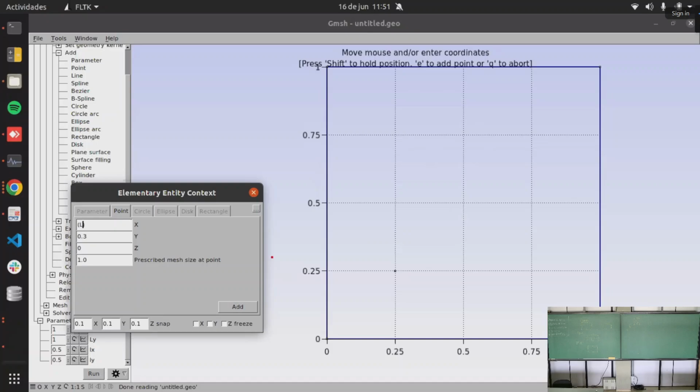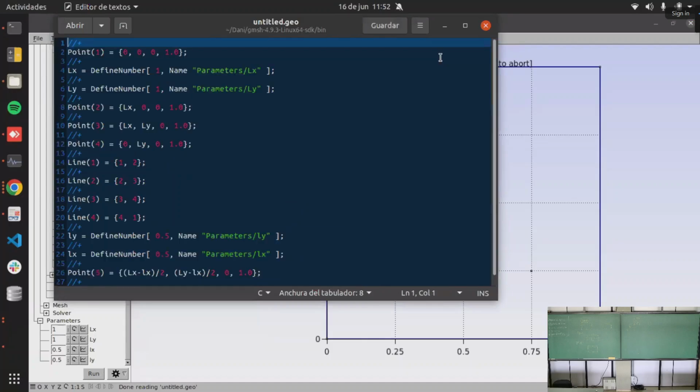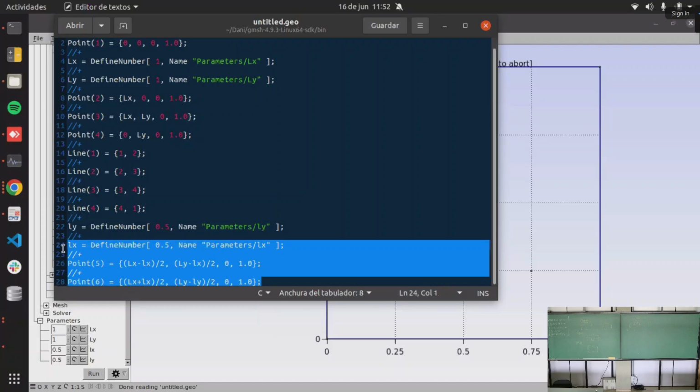LX. If I want to do it by editing the script, I can do it. It will be faster.